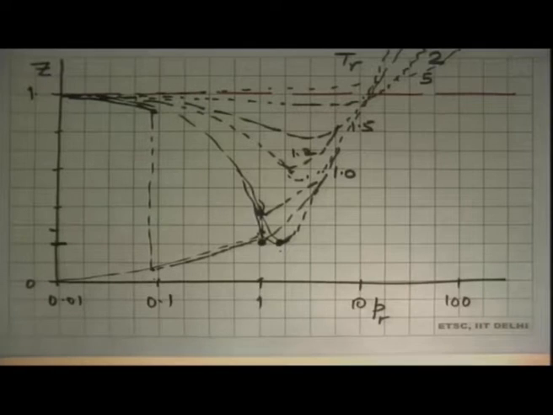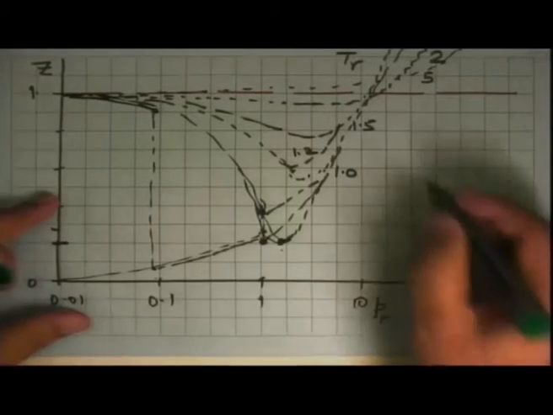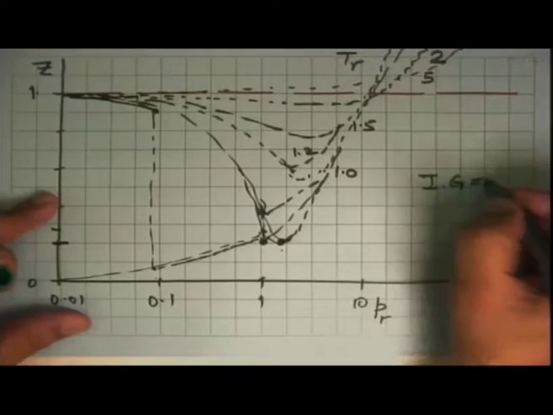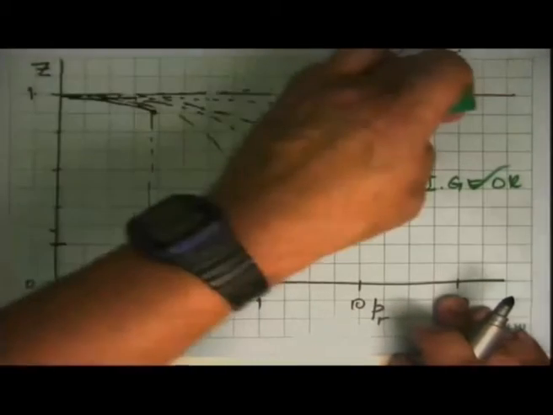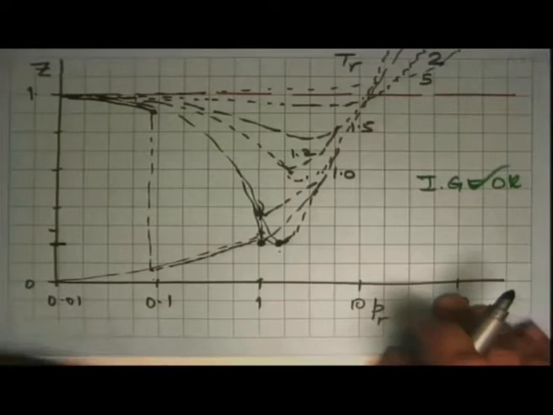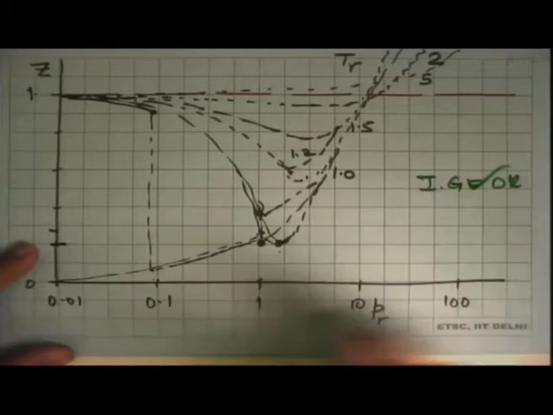But let's see what it tells us as to which are the conditions under which we can safely assume a material to be an ideal gas. Okay, so the question is, in which part of this chart can I say that ideal gas is okay? And so we look at the case where Z is equal to 1, and we say, okay, wherever Z is within a band, ideal gas is okay.